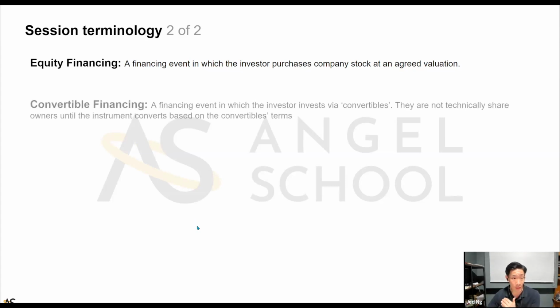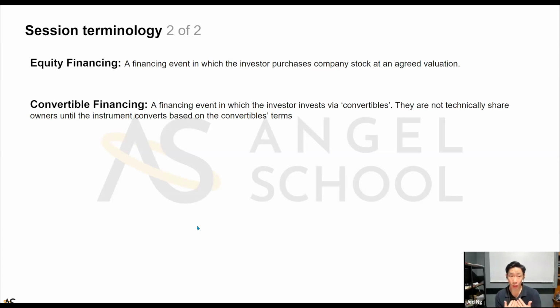On the other hand, you might hear something called a convertible financing. And this is more relevant for all of you as angel investors, because a convertible financing is basically financing into a company based on a convertible instrument. A convertible instrument basically is more like debt, and it's not equity.